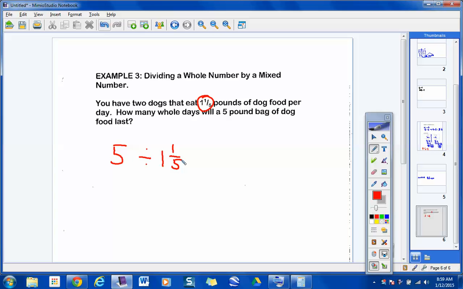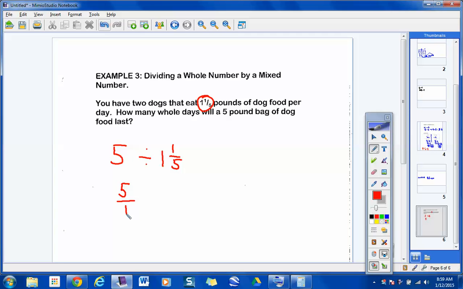You have 5 pounds of dog food. Each day, 1 1/5 pounds disappears. Well, how many days is that going to last? No, help me out here. 5 is really the same as 5 over 1, isn't it? The 5 pounds we're starting with is really the same as 5 over 1, right?